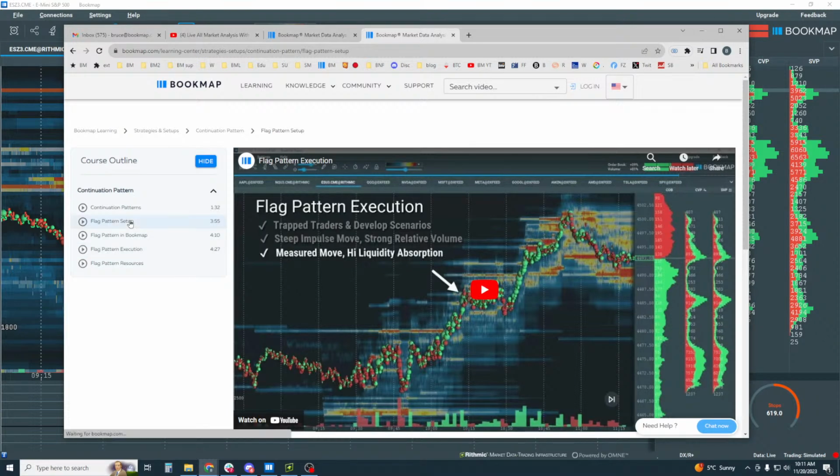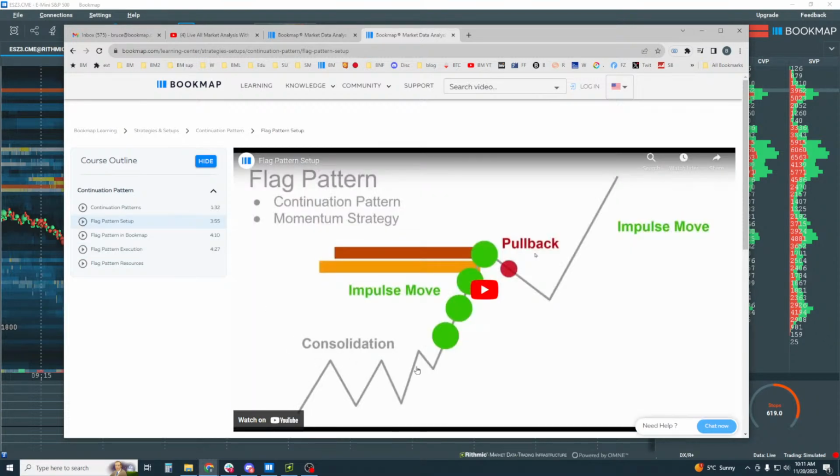One of the elements in here is the consolidation. This is a really important factor, because this is where we're looking for a squeeze. We're looking for someone that got it wrong. We're looking for this impulse move to pull that market up, and for shorts to have to cover and buy. That will add to this nice strong move. And then we're looking for a shallow pullback followed by another strong move.